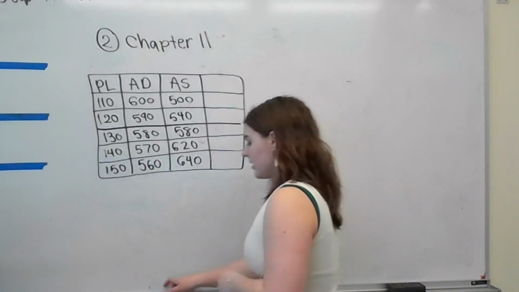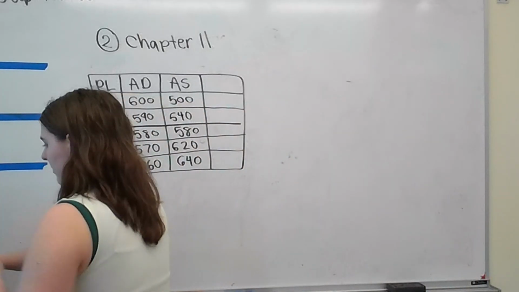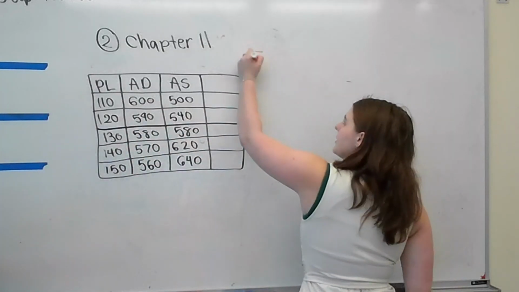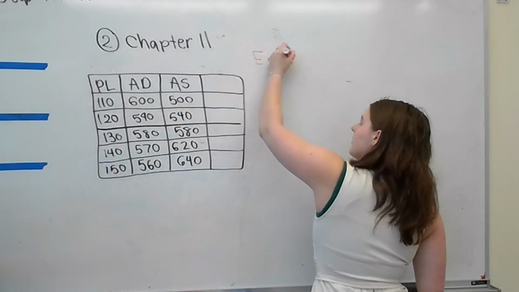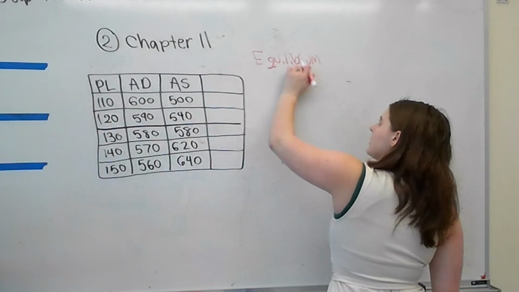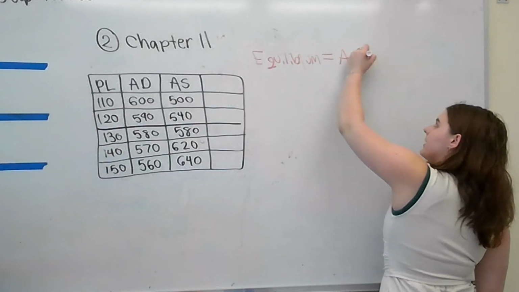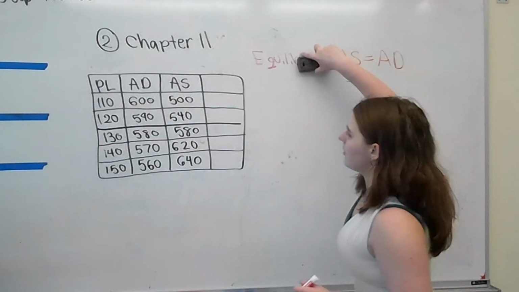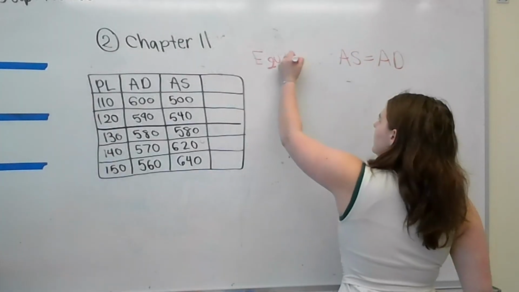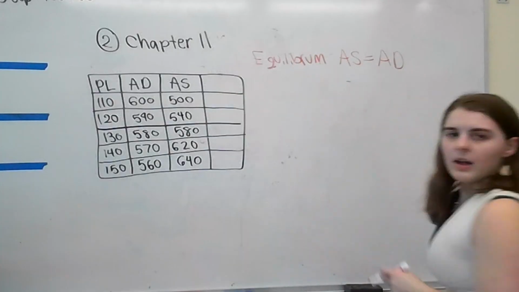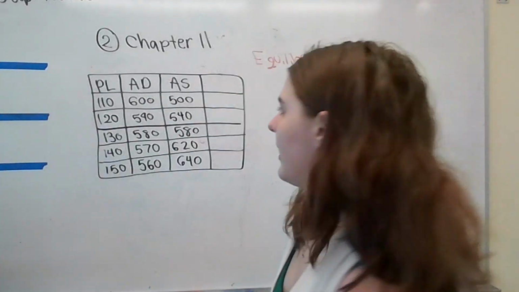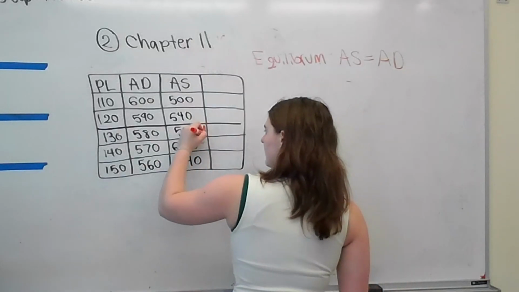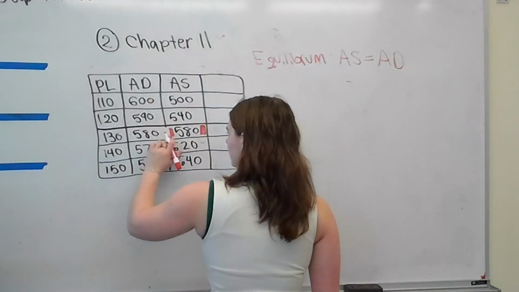So the first question on here asks us to plot these curves and find the equilibrium. So remember, equilibrium is where aggregate supply equals aggregate demand. That's where those two things cross. Equilibrium is always where things cross with each other. In this case, we can super easily identify where equilibrium is because where these two things meet is right on here.